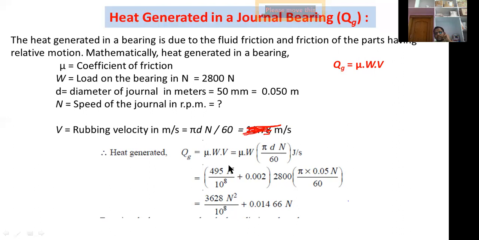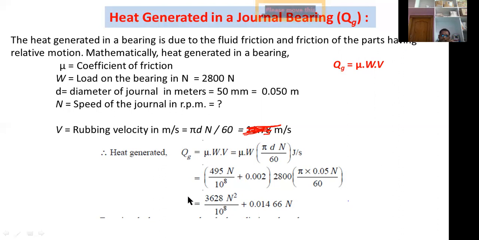We got the heat generation value in terms of N. Here mu is the equation obtained from the previous step, W equals 2800 newtons, and pi D N, with pi value, and D is 50 mm, so 0.05, and N is not given, divided by 60. So finally we got the answer in terms of N.